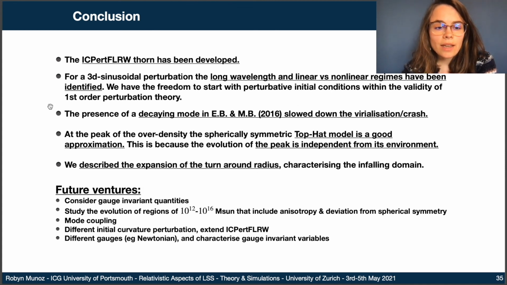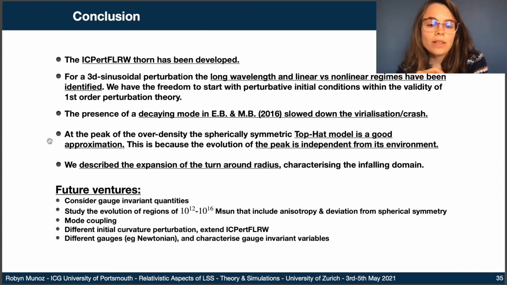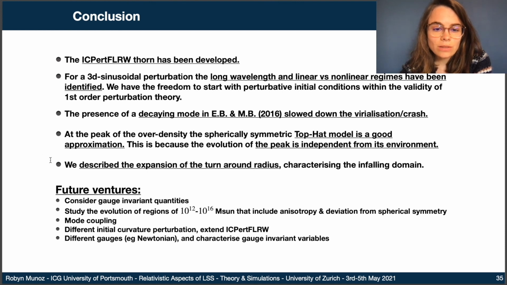Using this, I compared my simulations to those provided in this article and found that the decaying mode present in their simulations slowed down the virialisation or crash that they had. Then at the peak of the overdensity, I found that it is a very good approximation to the top hat model, because the peak is independent of its environment.